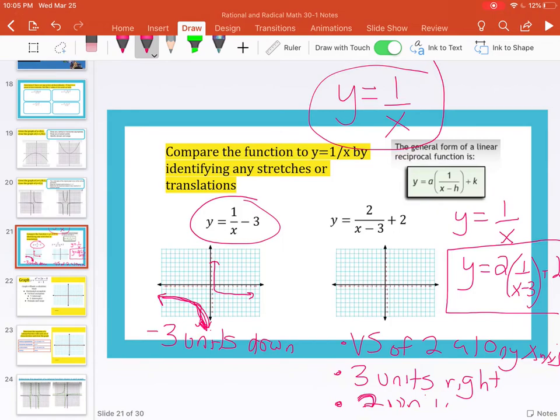If you graph this, you should notice that your original graph had a vertical asymptote at 0. My new graph is going to have a vertical asymptote at 3 because I moved 3 units to the right. My original graph had a horizontal asymptote at 0. My new graph is going to have a horizontal asymptote at 2 because my horizontal asymptote moved 2 units up.